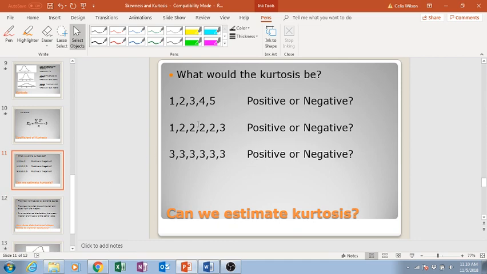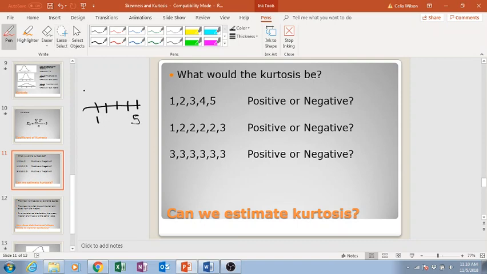All right, so here are a few examples. Let me get my pen to write again. Okay, so would the kurtosis be positive or negative? I think the best would be to scratch it out over here. So if this is 1, 2, 3, 4, 5.